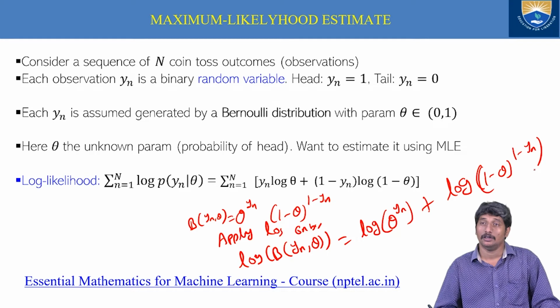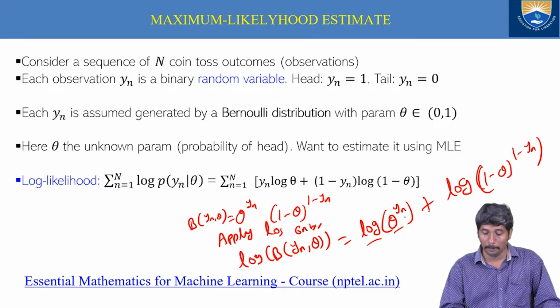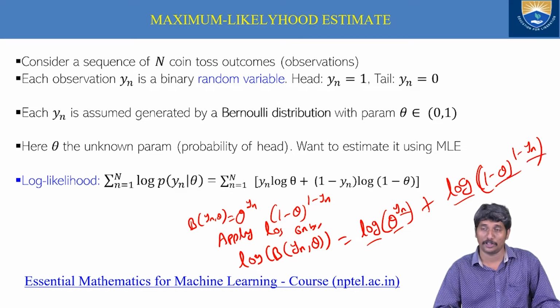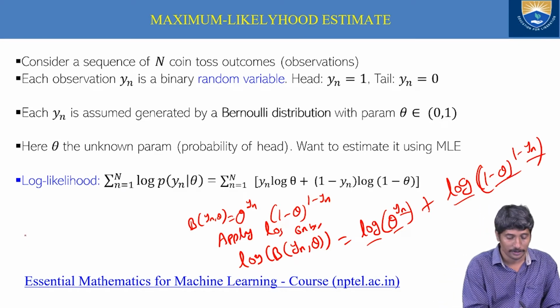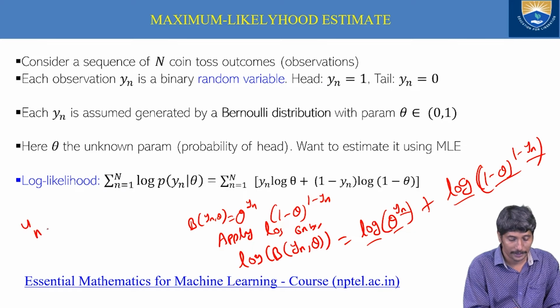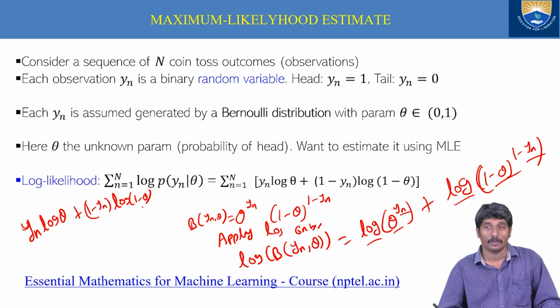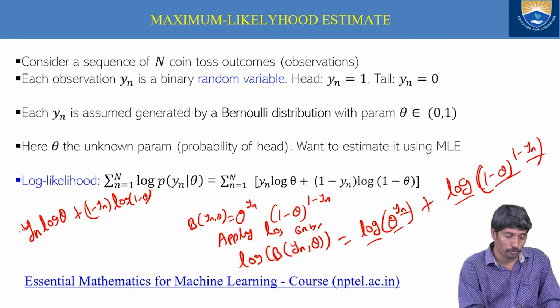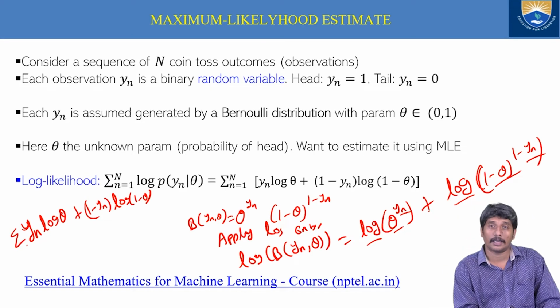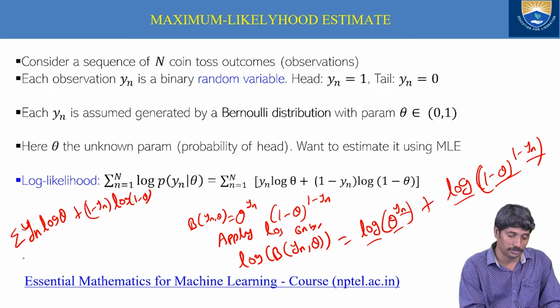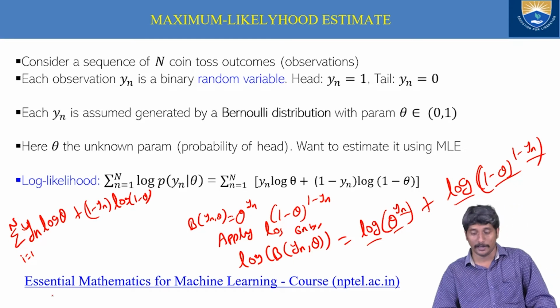Now, log m power n means n log m. That means you will get yn log theta plus 1 minus yn log 1 minus theta. And this is true for all observations, so we could sum it from 1 to n. And this is our log likelihood function.